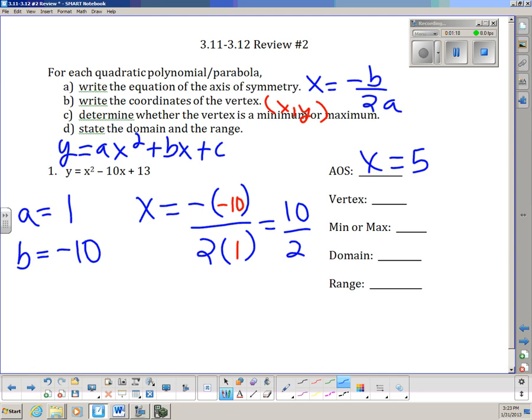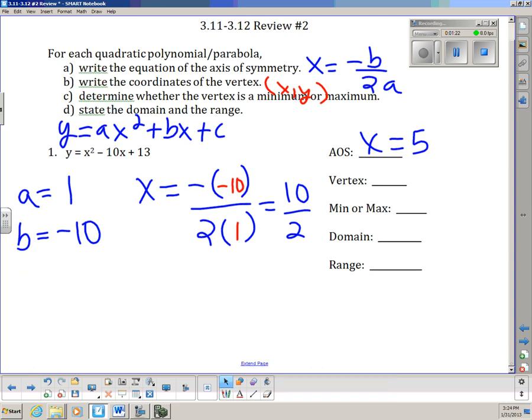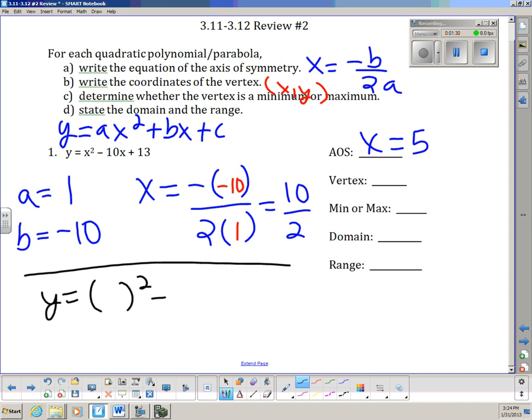In order to find the vertex, what we need to do is plug in that x value in the axis of symmetry into the equation that's given. So the equation that you are given is y equals x squared minus 10x plus 13. Well, we know that the x value is 5. If we do the math, 5 squared comes out to be 25.